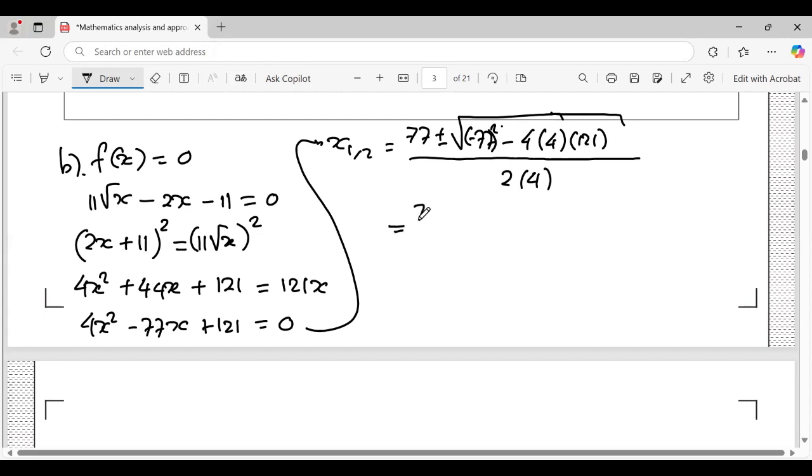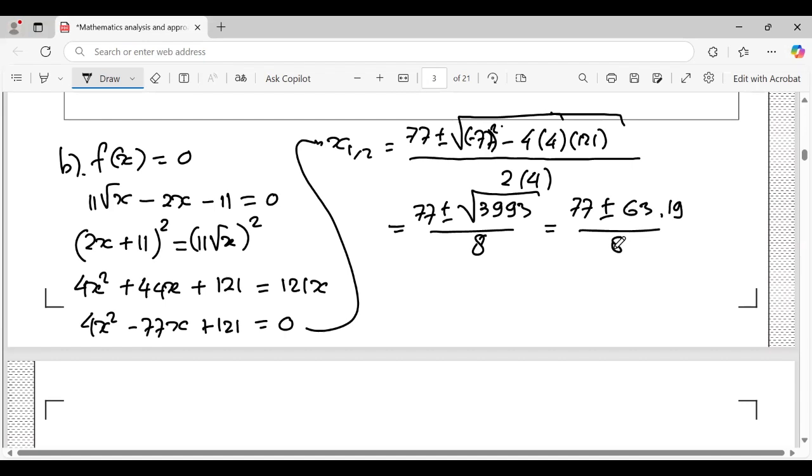It's going to be 77 plus or minus the square root. If you calculate, this is 3,993 over 8.